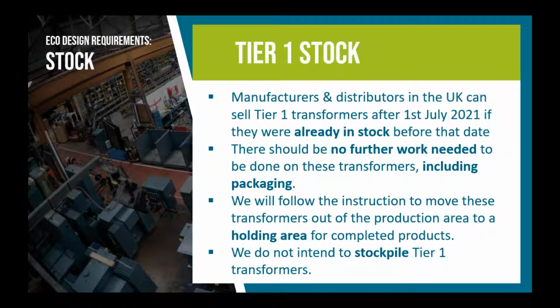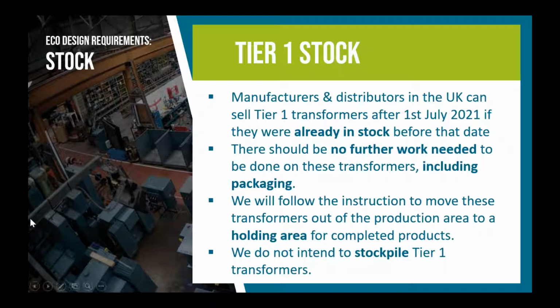But if a manufacturer or distributor has a Tier 1 transformer in stock that was manufactured before the 1st of July, they can still sell these transformers. So there should be no further work needed to be done on these transformers, including packaging.